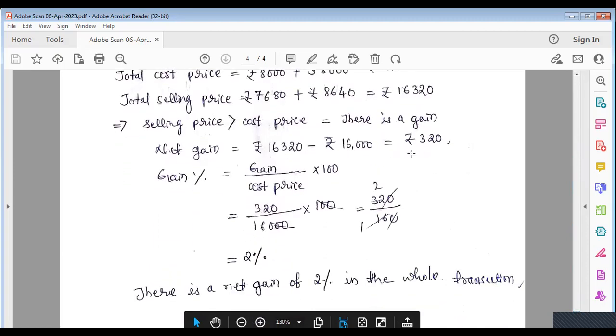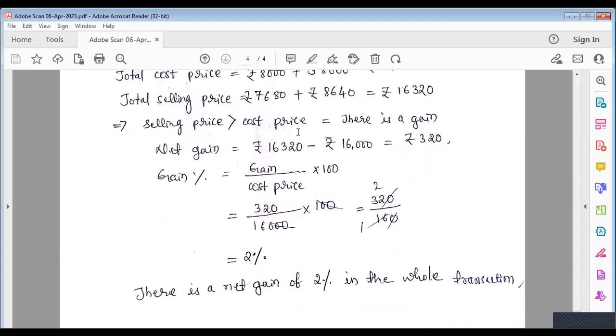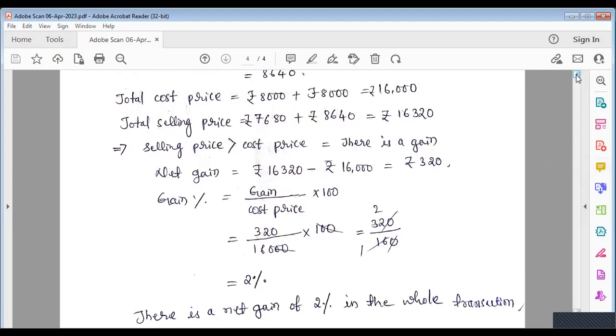So next, here selling price is there. This selling price is greater than cost price, because cost price is 16,000, but selling price is 16,320. So selling price is greater than the cost price. That means there is a gain.